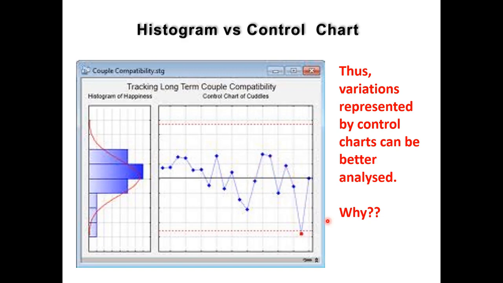A bit of a question here: why? Again, the answer is the same, because you can exactly identify when those variations occur. That is the beauty of control charts in comparison to histograms.